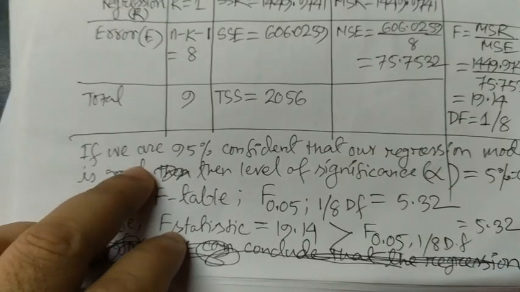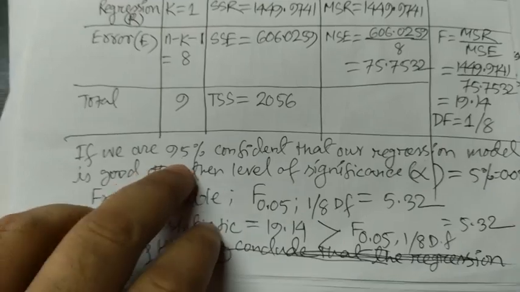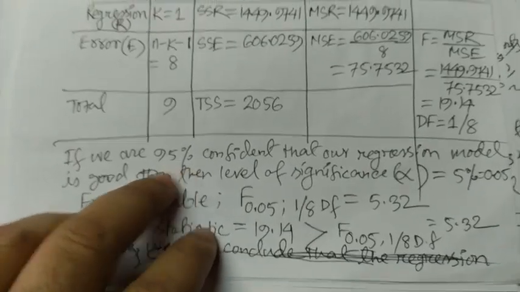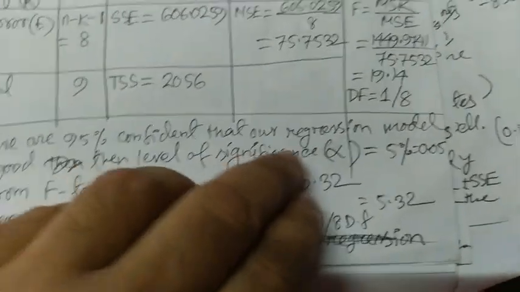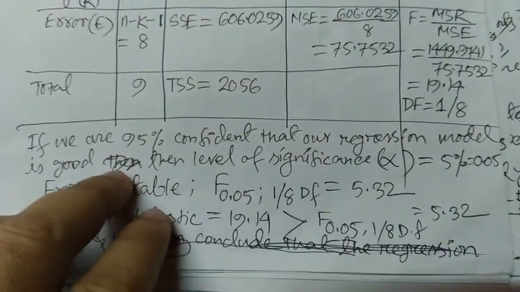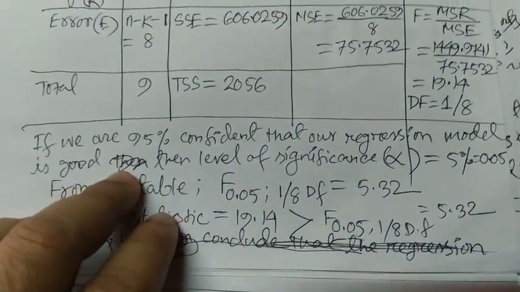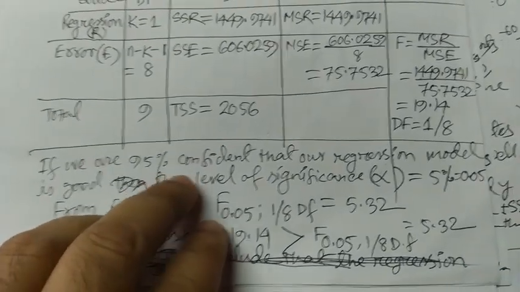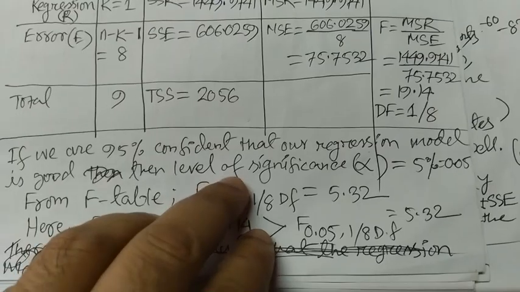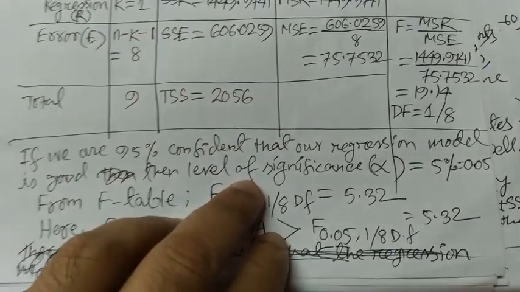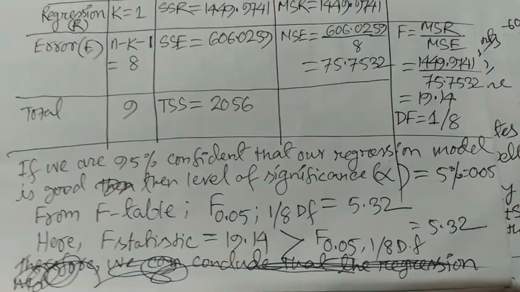If we are 95% confident that our regression model is good, then level of significance means how much error we are allowing.